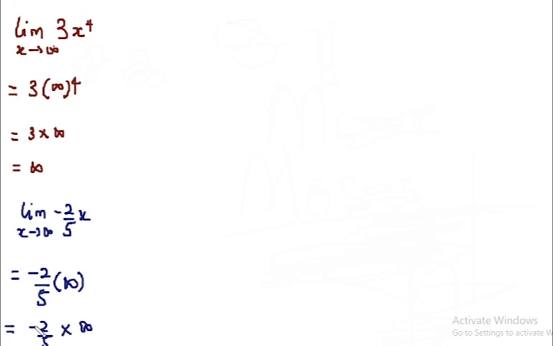Now there's the negative sign here. The negative sign can affect the infinity, such that it will look like minus 1 times infinity times 2 over 5. Minus 1 times 2 over 5 is still the same thing as minus 2 over 5. So minus 1 times infinity is negative infinity, times 2 over 5. So negative infinity times 2 over 5 is negative infinity. If you have a positive infinity and you multiply it by minus 1, you get a negative infinity.